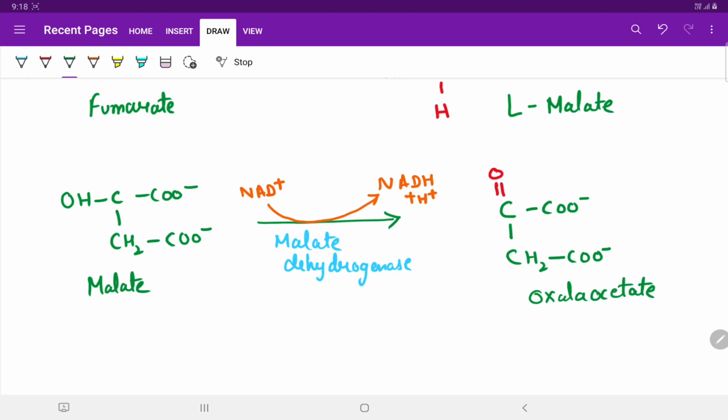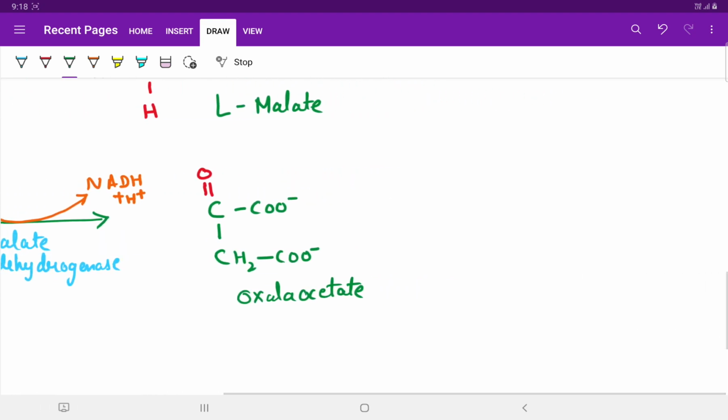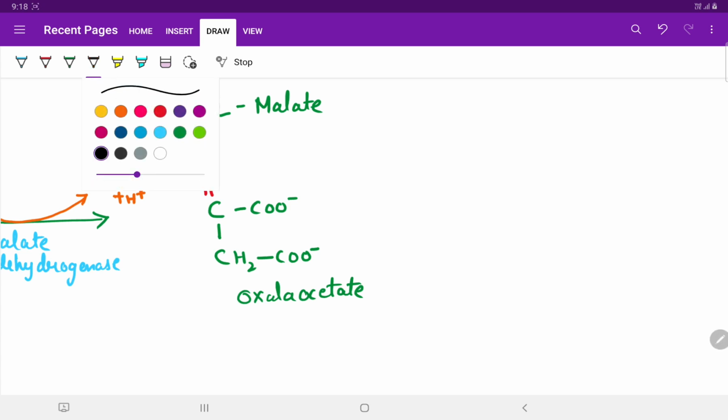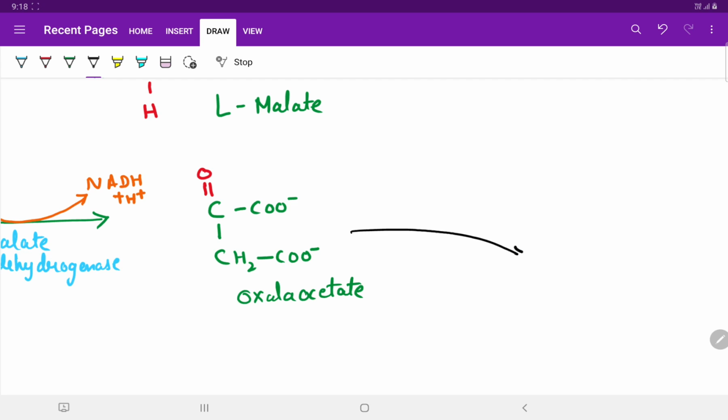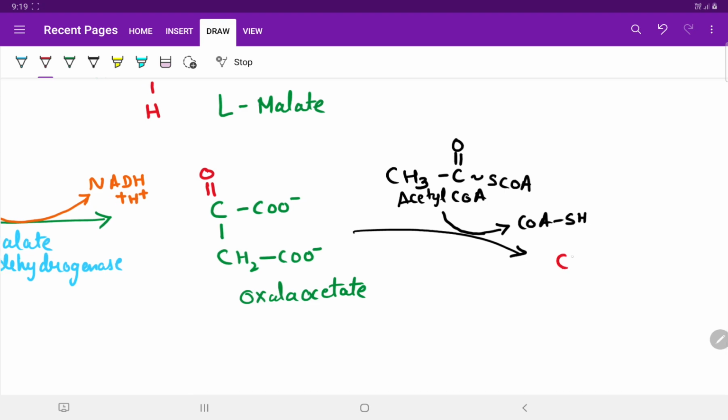So finally this oxaloacetate can again combine with another molecule of acetyl coenzyme A to form one citrate. So we can see this oxaloacetate can again bind with one molecule of acetyl coenzyme A and lead to formation of one citrate molecule.